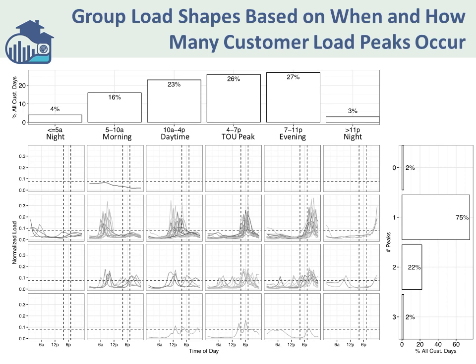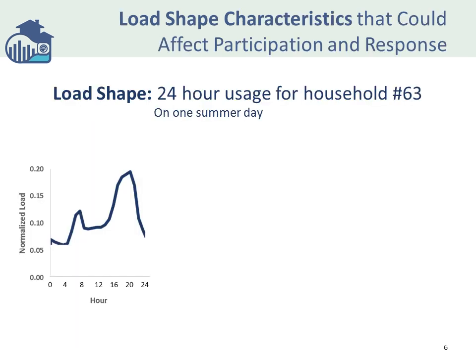In our research, we identified 9 characteristics that we thought could be used to meaningfully segment customers. And so in the next couple slides, we're going to explain what each of these 9 characteristics are and then focus on a subset of those characteristics that our analysis found to be the most useful for segmenting these households into different groups. So to help explain, we're going to start with a very simple example.